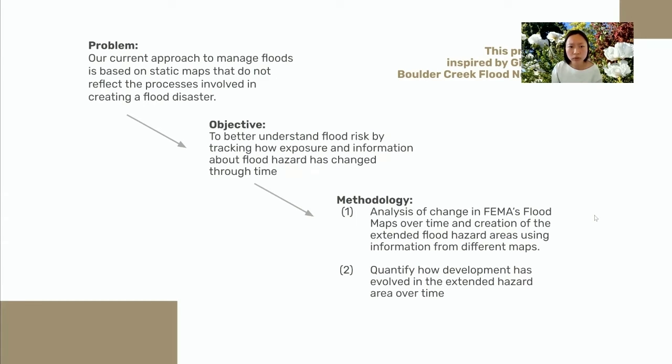And in order to achieve that objective, we divided our methodology into 2 sections. First, to analyze change in FEMA flood maps over time and to create an extended flood hazard area using a combined hazard approach. And second, we quantified how development has evolved in the extended hazard area over time.